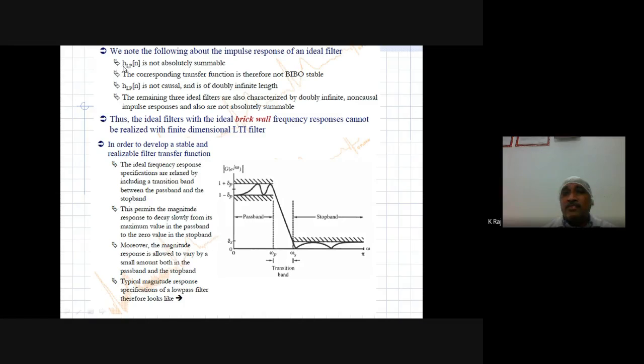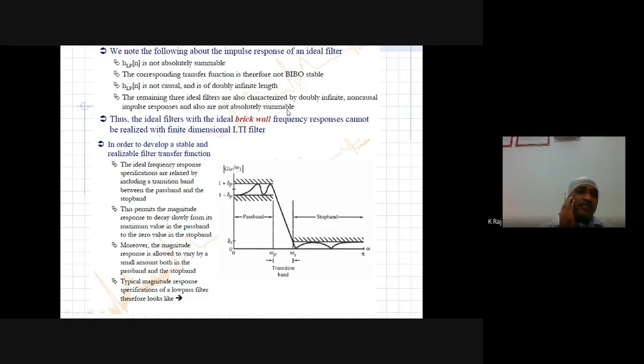Since it is not absolutely summable, the corresponding transfer function is therefore not bounded input, bounded output stable. h_LP[n] is not causal and is of doubly infinite length. So it is anti-causal here, physically not realizable. The remaining three ideal filters are also characterized by doubly infinite non-causal impulse responses and also are not absolutely summable.